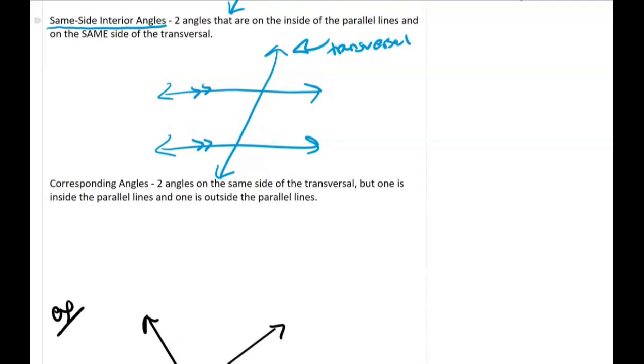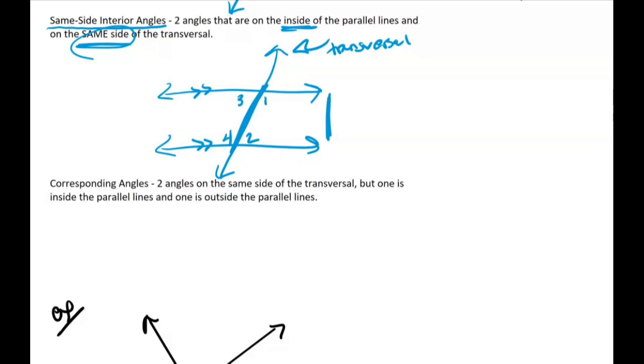All right, same side interior angles are two angles that are both on the inside of the parallel lines and on the same side of the transversal. For example, 1 and 2. They're on the inside of the parallel lines and on the same side of the transversal. There's another set of same side interior, 3 and 4.